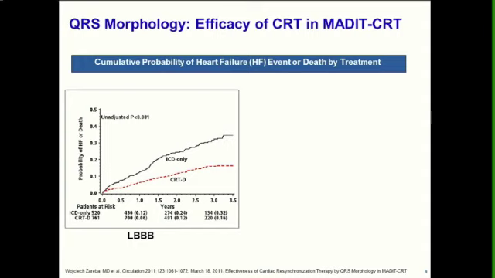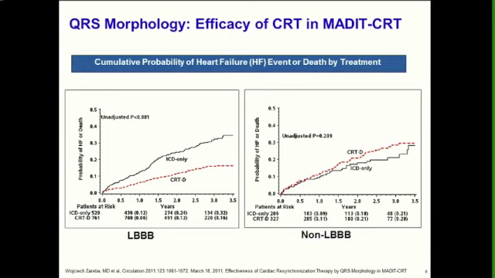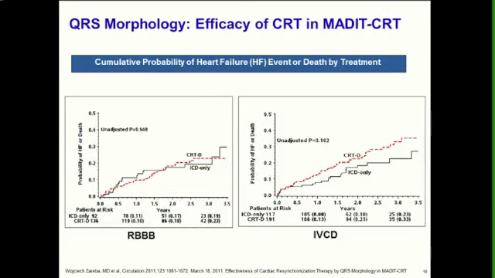In fact, most of the positive effects of the trial were concentrated in this group of patients, because in the non-left bundle branch block patients, there was no effect. There was no difference for CRT-D therapy. Non-left bundle is right bundle and IVCDs, and you see no effect for right bundles in the left panel. And you see for IVCDs a trend possibly towards worsening.